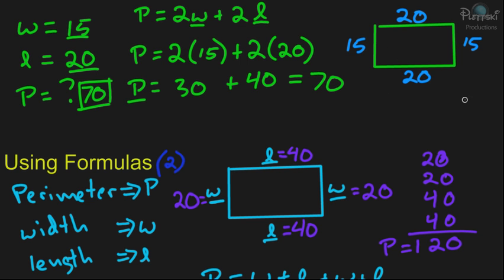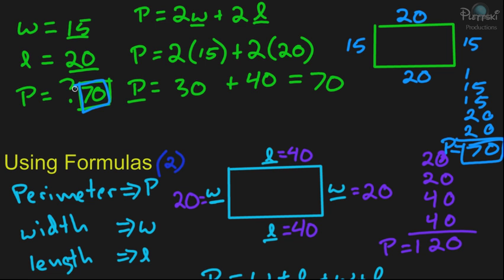And we can add those up. 15 plus 15 plus 20 plus 20. So 5 plus 5 is 10. So you bring down the 0 and carry the 1. And then 1 plus 1 plus 1 is 3, plus 2 is 5, plus 2 is 7. So the perimeter should equal 70, which is what we got.